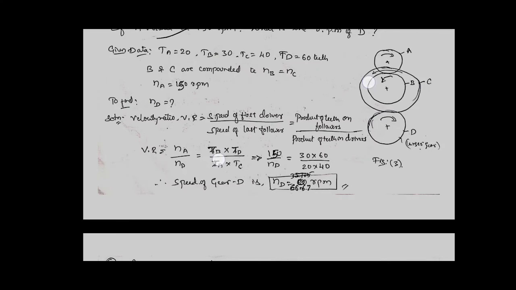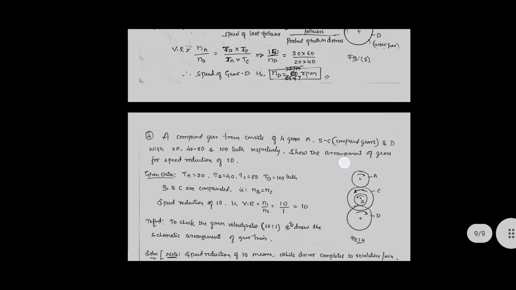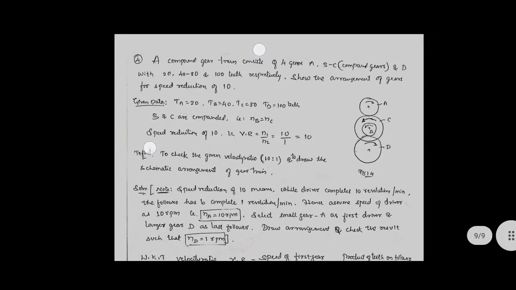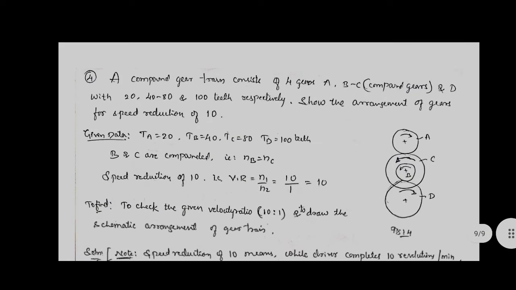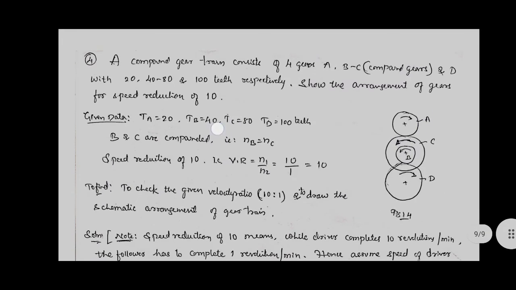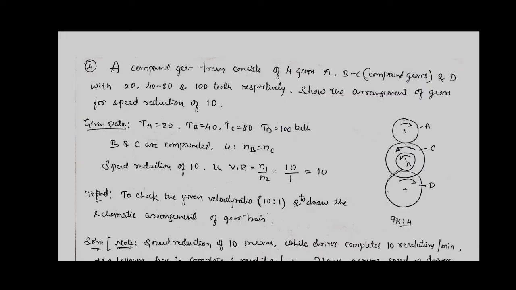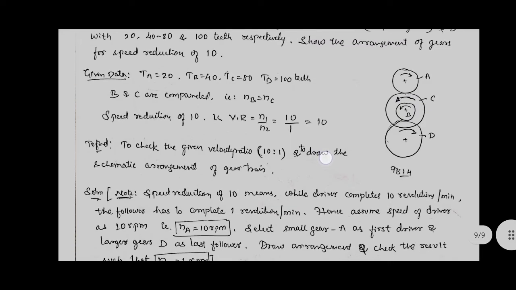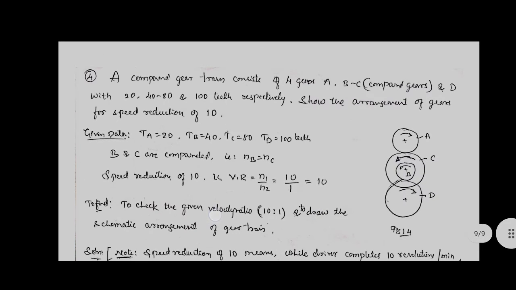Okay, so this type of simple problems will be there. One more compound gear problem you can see in here. In here also they have given the number of teeth values and the speed values. They are telling that NB is equal to NC, that is the common thing. And they have given the velocity ratio.